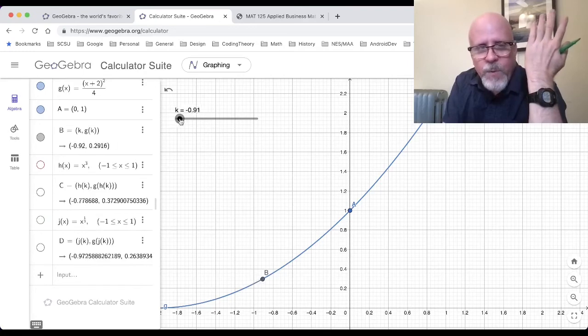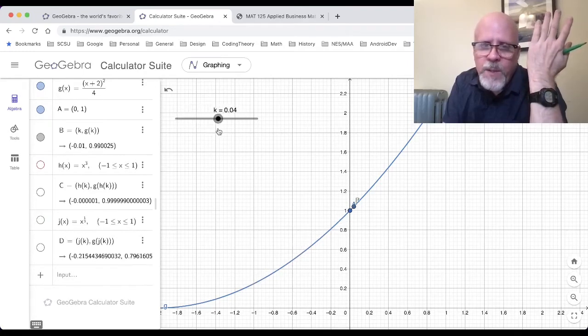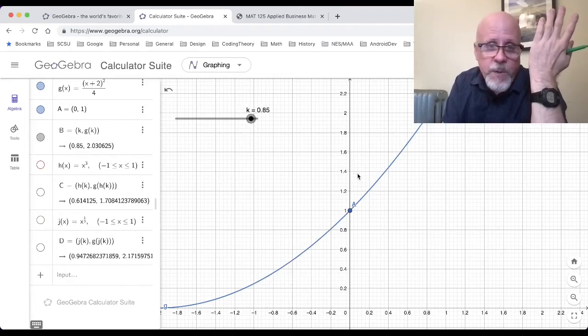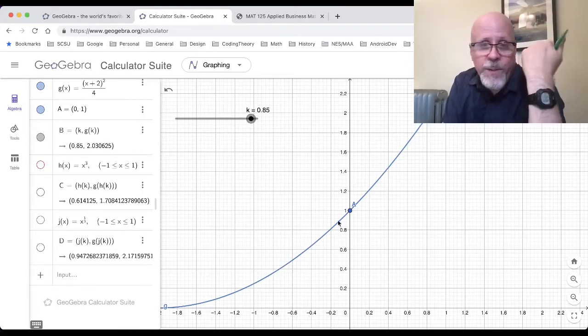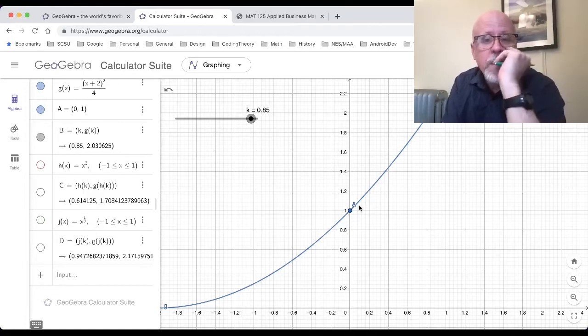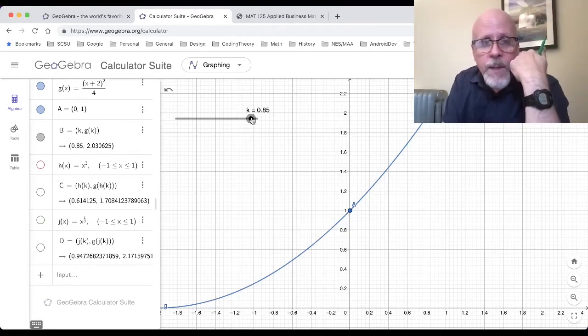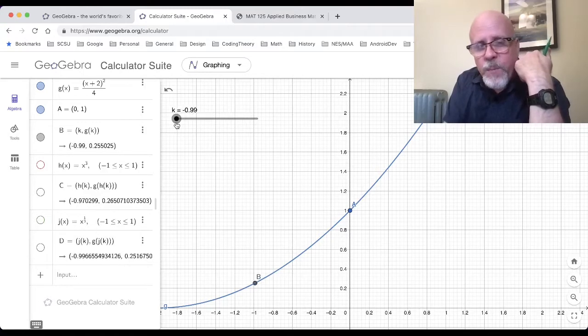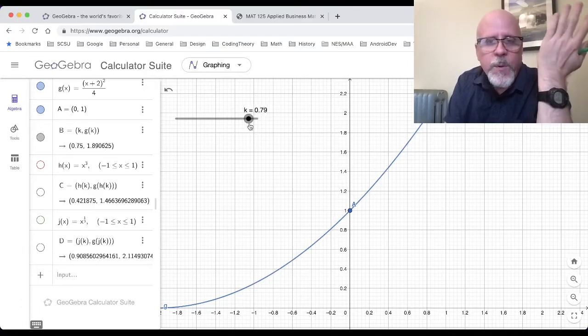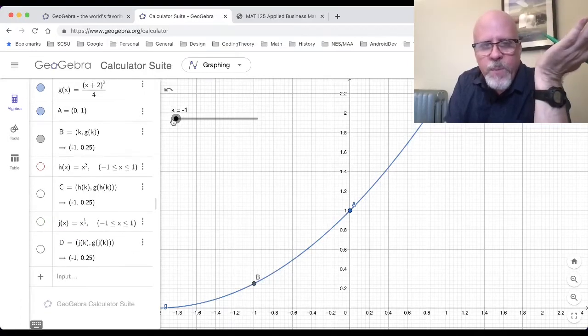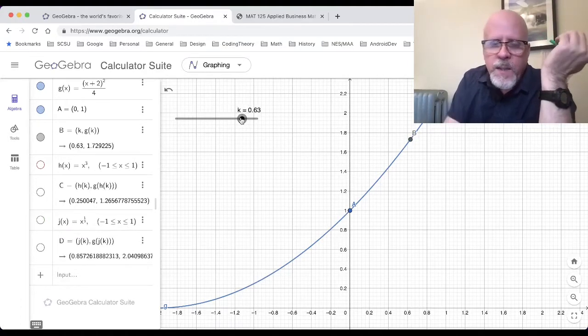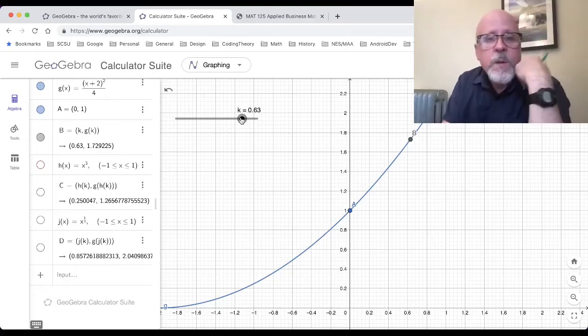We could move at a nice, smooth, slow pace, and then how fast B is moving in the up-down direction is determined by how slanted this curve is at that point. It's really the derivative of our G of X. That's what you get if you think about moving at 1 unit per time unit. If the speed of this thing is 1, then the vertical speed is strictly determined by the ramp we're on.